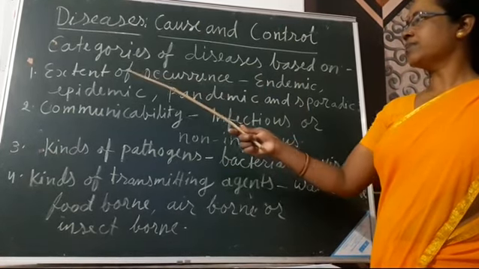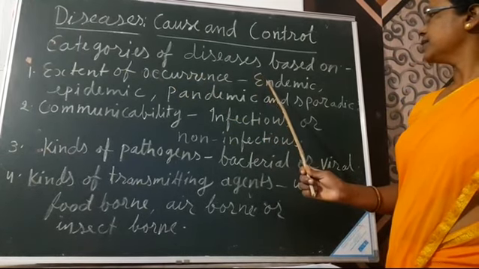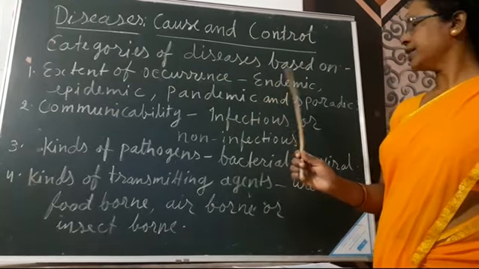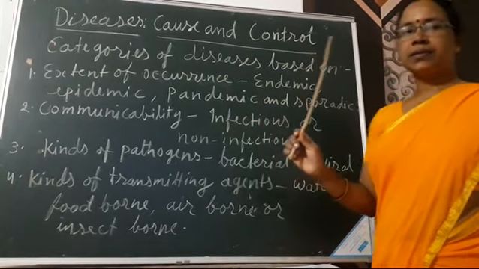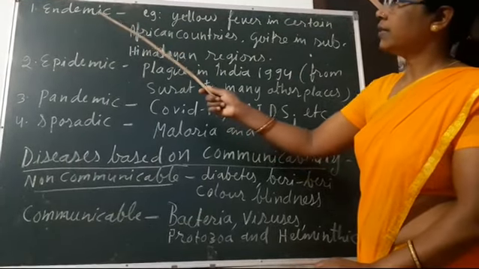First we will see about the extent of occurrence, in that endemic, epidemic, pandemic and sporadic. Next we will see about the endemic.